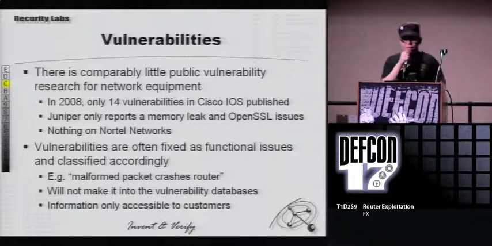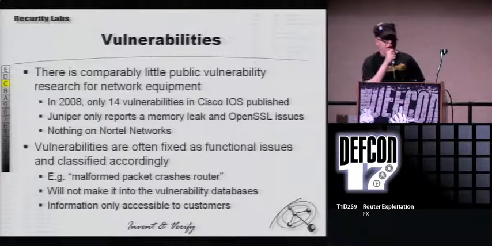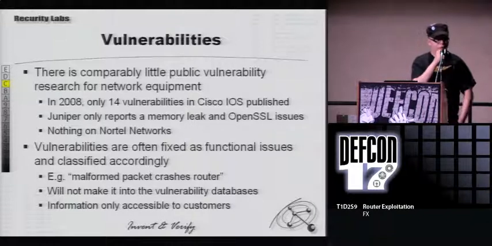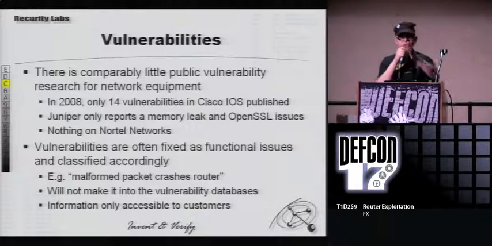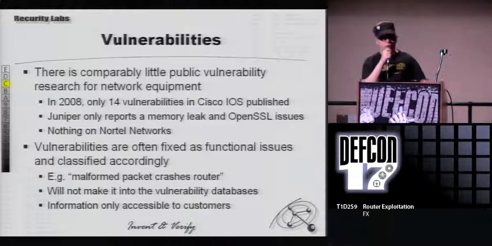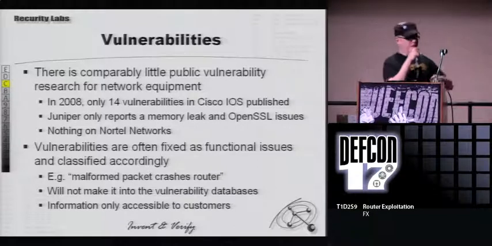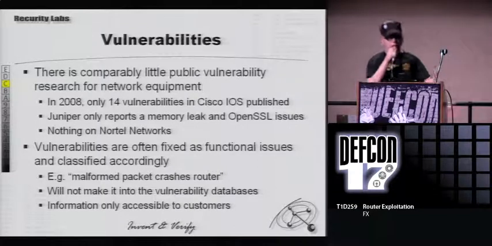So vulnerabilities in the network world get fixed a lot of times with the customer from the networking department sending them a TCP dump. Well, after jumping through 500 loops with the first and the second and the third level support people, right? He's sending them a TCP dump file and says, look, this packet crashes my router.